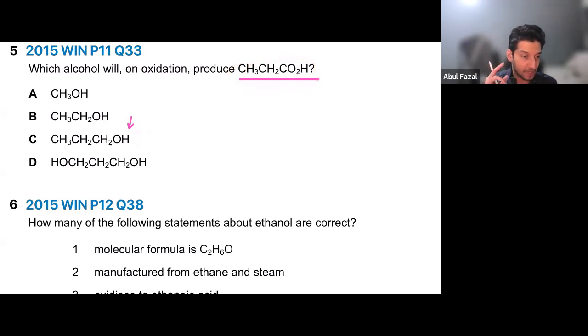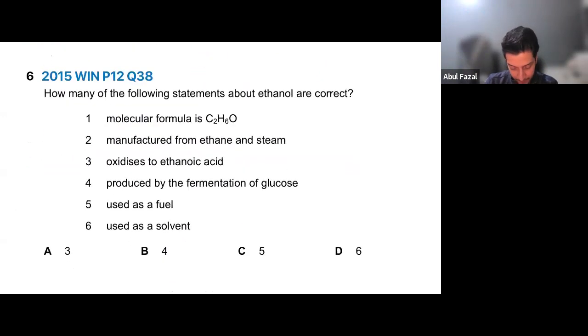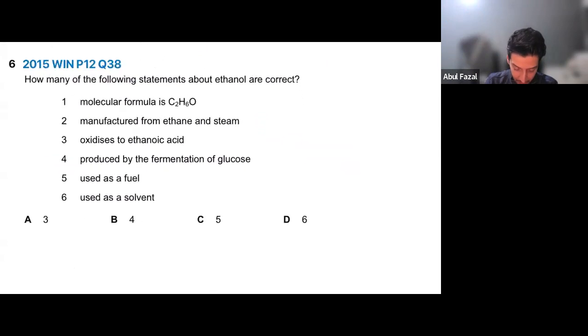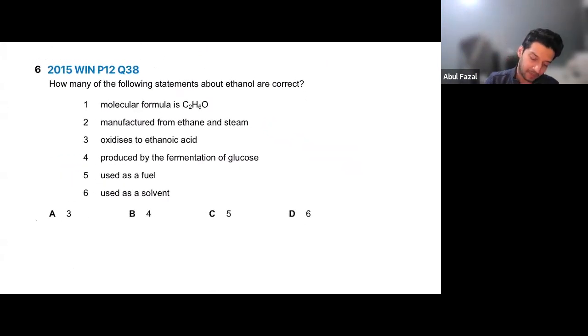And that illusion makes you think that it can be C because this is a bigger molecule. How could a bigger alcohol give you a smaller acid? But just writing it this way makes it look big. Otherwise, these 2 will do it. So C is your answer. I hope that made sense. I could repeat it if you want. How many of the following statements about ethanol are correct?